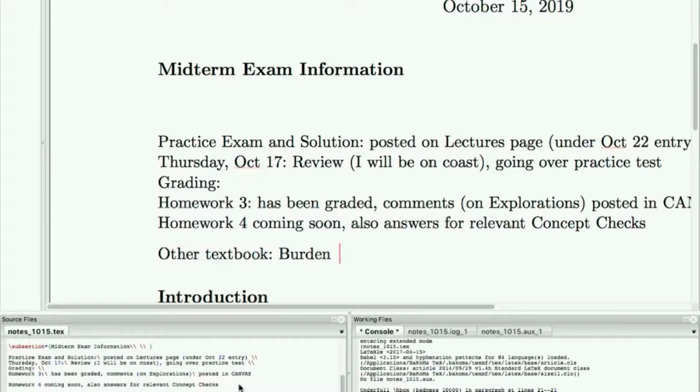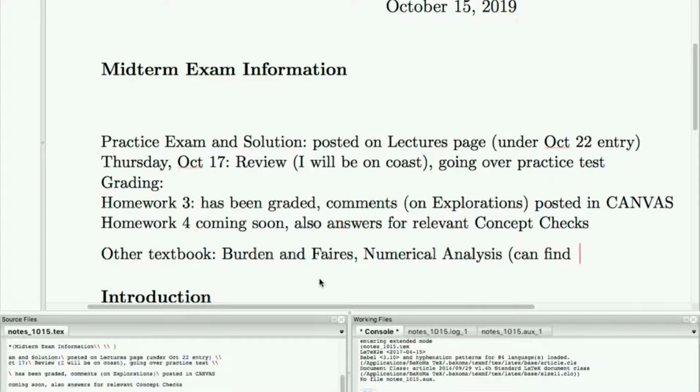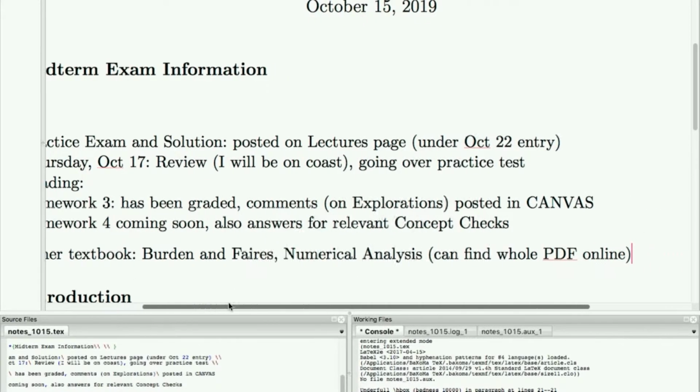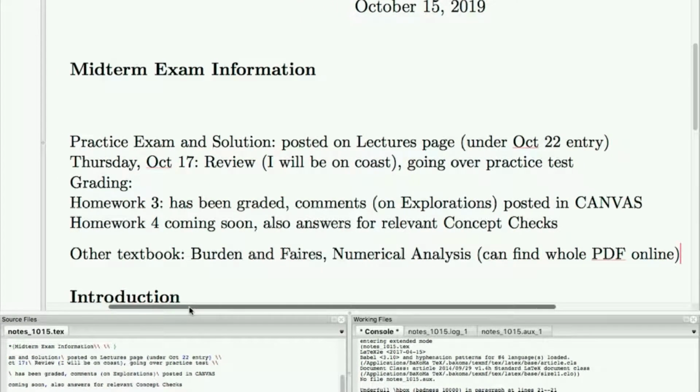So these are the authors, Burden and Faires. You can find the whole PDF online. There are also many editions of it, so who knows which one you'll find, but any one would be just fine.